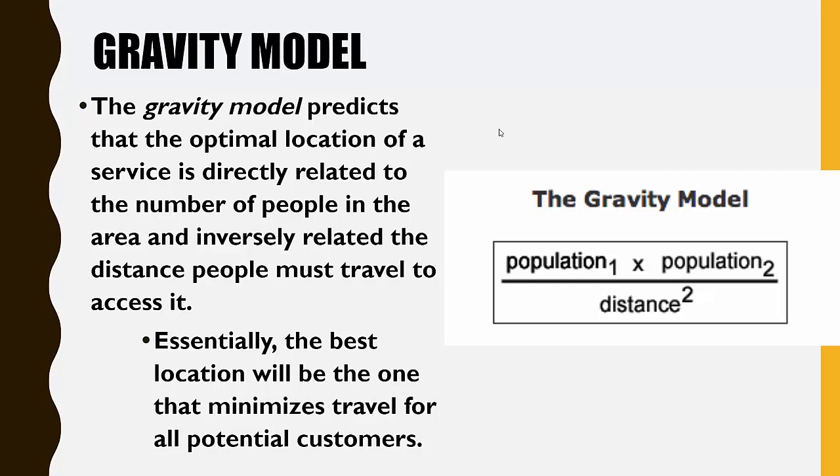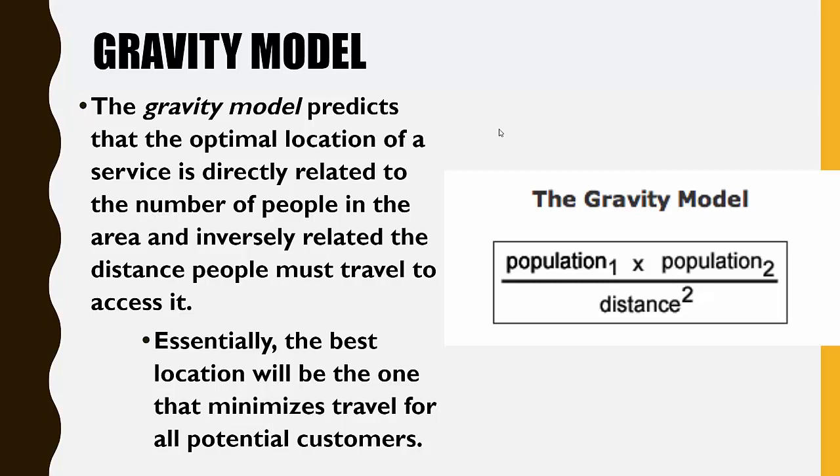Okay? The other part of the gravity model is places that are closer together tend to have closer connections, and places that are further apart tend to have less connection. So, large places that are close to each other tend to be very connected.